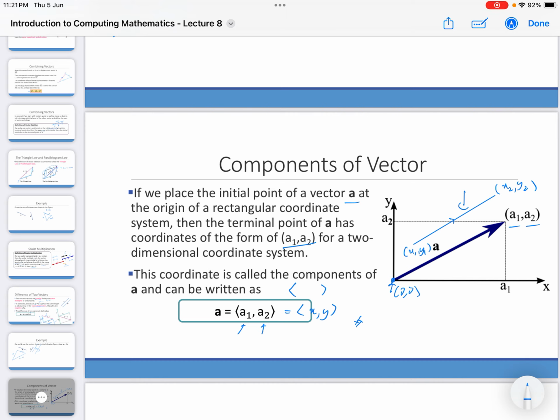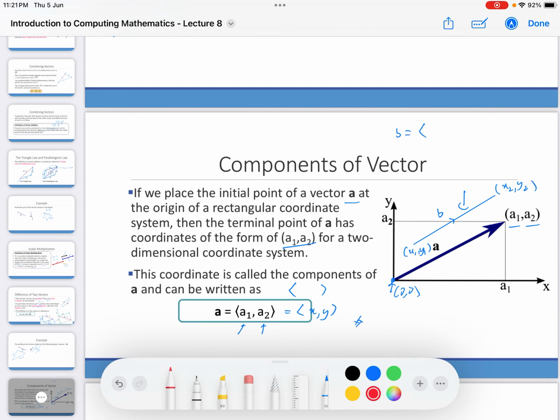For this vector, we can also write the components. Let's say this one is vector B. The first component will be the x displacement of this vector, which is x2 minus x1.